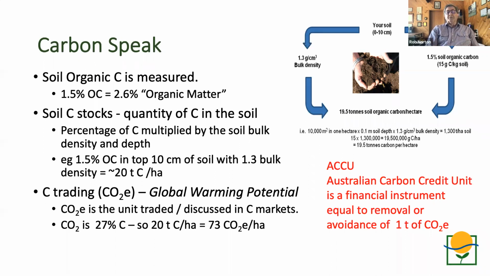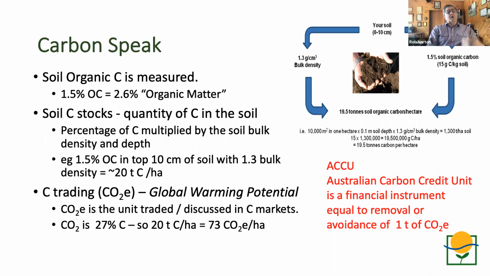In the carbon trading scheme, you have to measure soil bulk density, and the carbon stocks are measured in the top three 10 centimetre layers, 0 to 10, 10 to 20, 20 to 30, and they're measured and assessed separately as part of the assessment of a carbon stock.